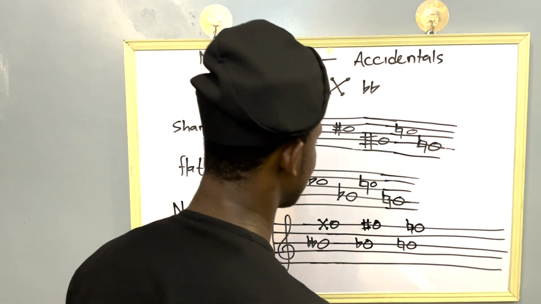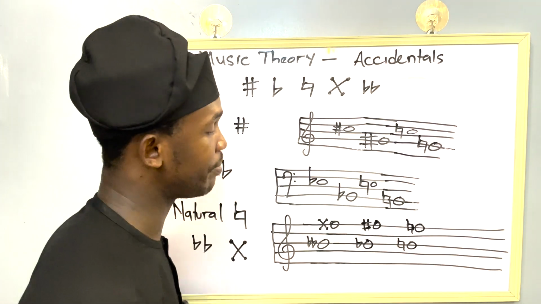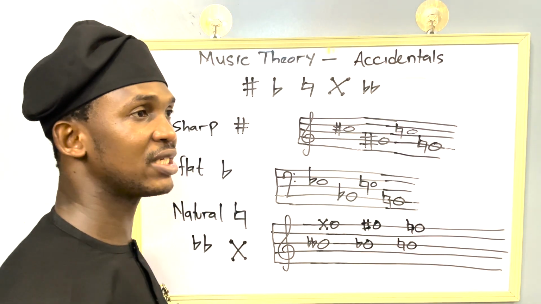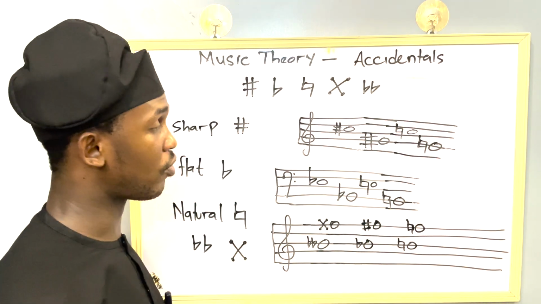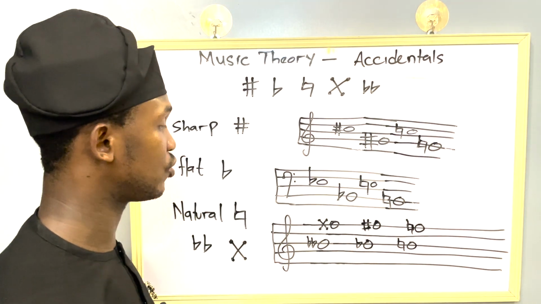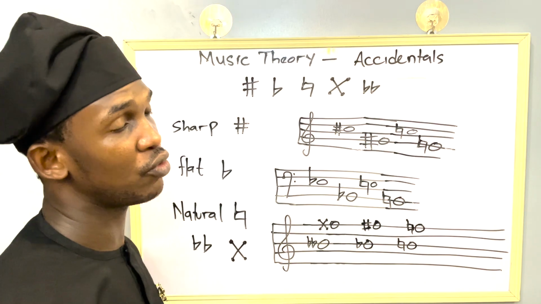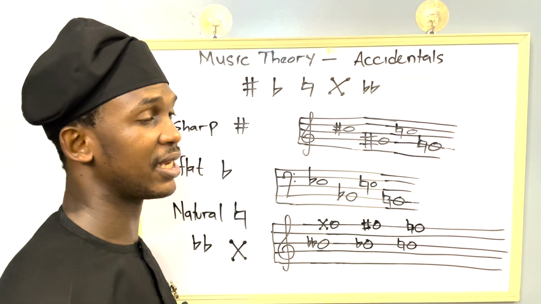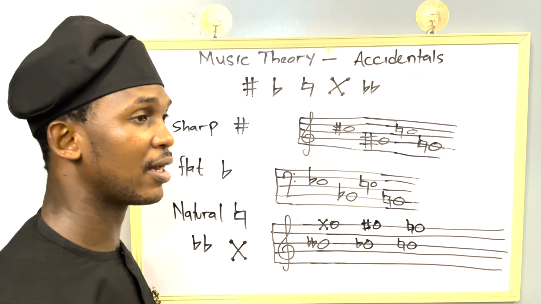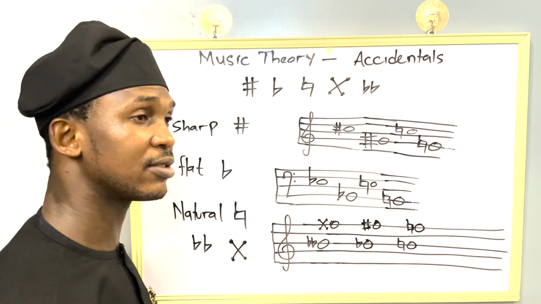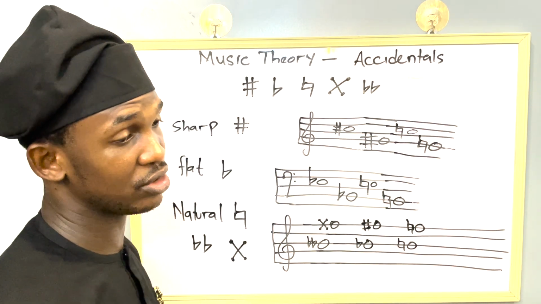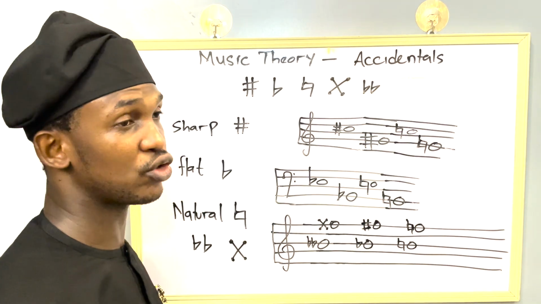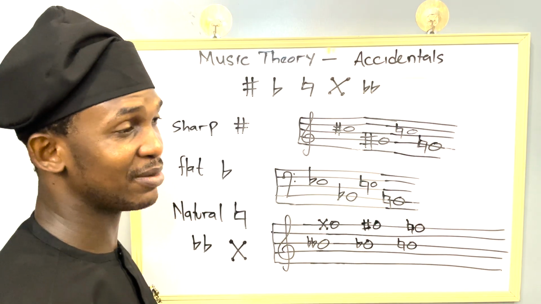So those are the accidentals we use in music. So you are using them to mess with the pitches of a particular note. So it's either you use a sharp, which raises the note by a semitone, or you use a flat, which lowers the pitch of the note by a semitone, or you use a double sharp that raises the pitch by a tone.